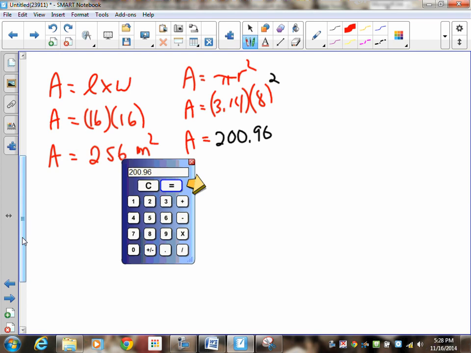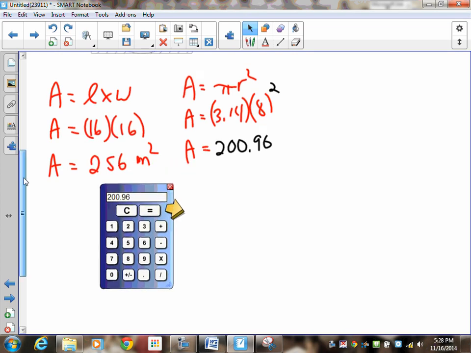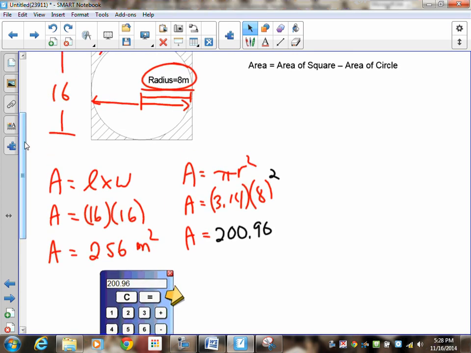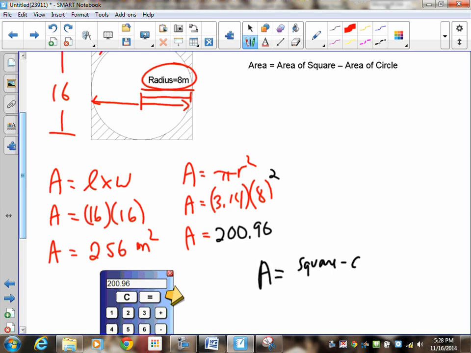So now that I have those two, the next step is to find the area of the shaded part only, just this outside part. So in this case, your area of the shaded part is going to be equal to the square, take away the circle. So the area is 256, take away 200.96.